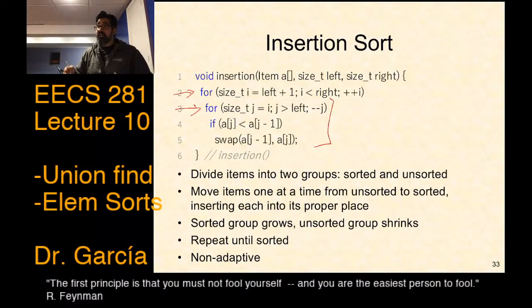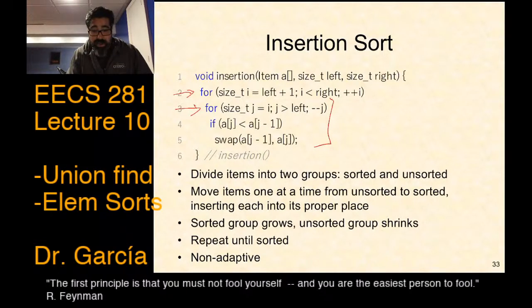So at all times with insertion sort, you'll have the portion of the array that's sorted and the portion that's not sorted, and all it's going to be doing is look at the next element, the leftmost element in the unsorted section, and then swap it or bubble it down to its rightful position in the already sorted section of the array.